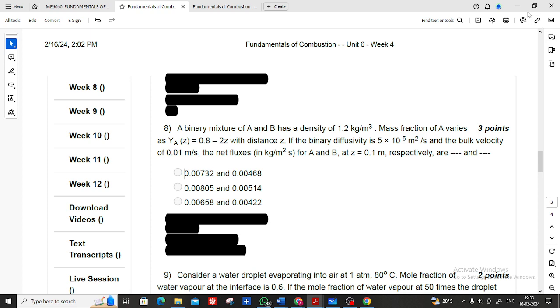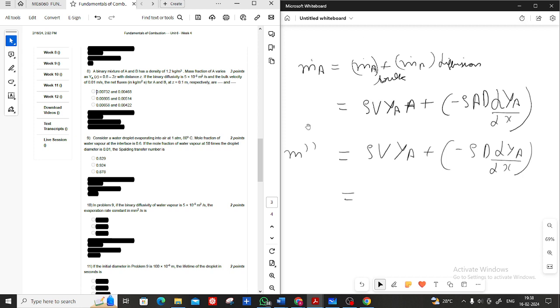We have the bulk velocity, 0.01 meter per second, and they have given the bulk density rho. So just substitute the values: 1.2 into the bulk velocity, 0.01 meter per second, into Ya, the mass fraction of A at z equal to 0.1.